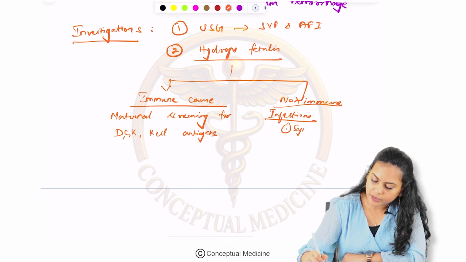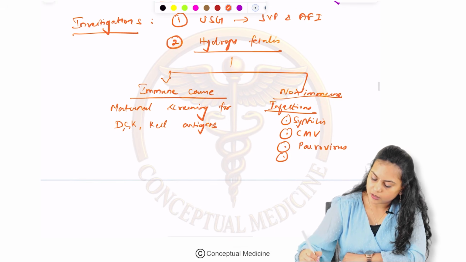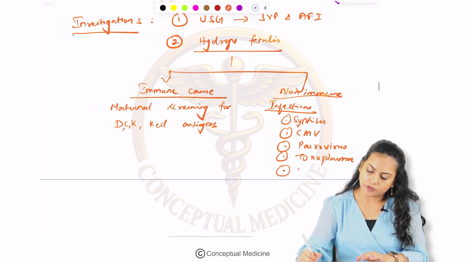Namely, you have to check syphilis, cytomegalovirus, parvovirus, then toxoplasma also, even rubella.